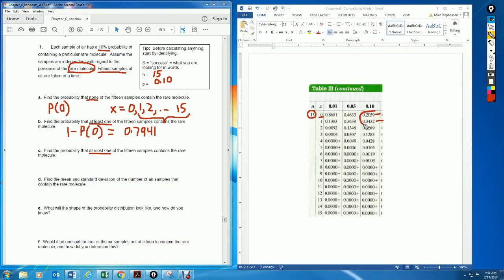Either one of those falls under the category of at most 1. So you have to add those two probabilities, P of 0 plus P of 1. And if you add those, you get 0.5491.